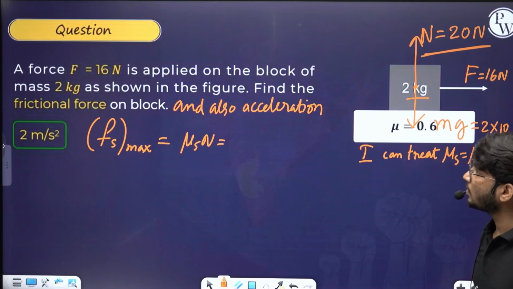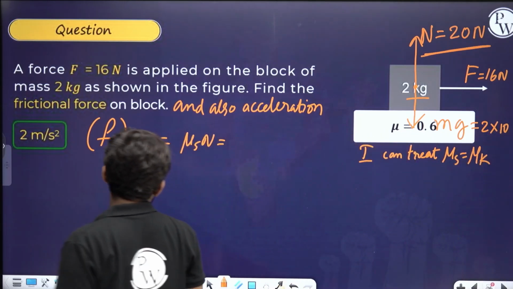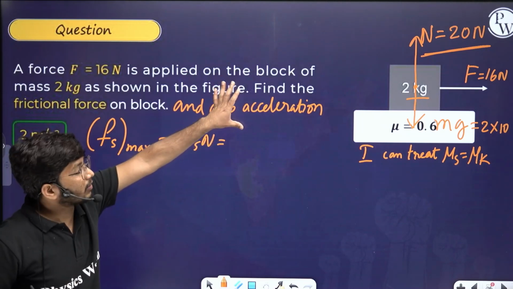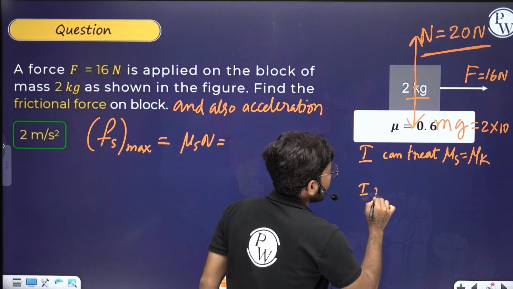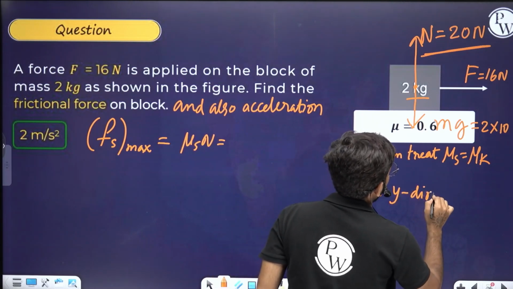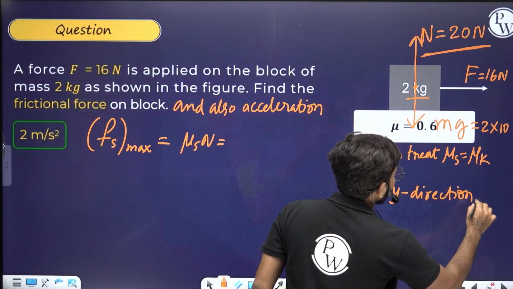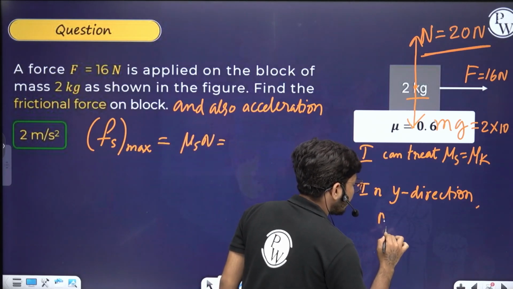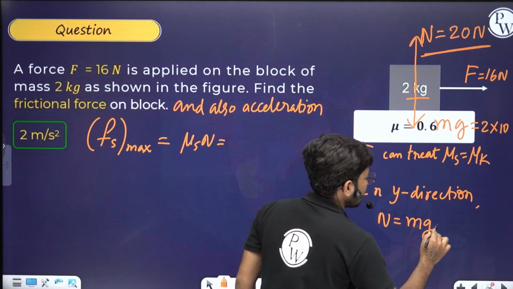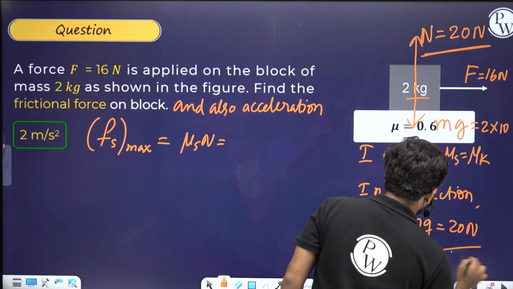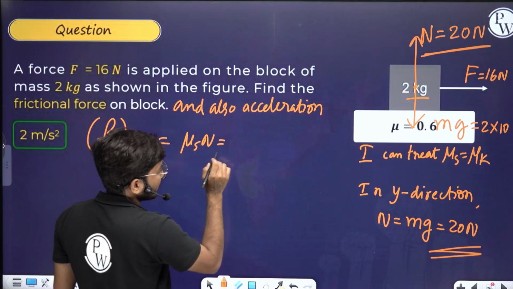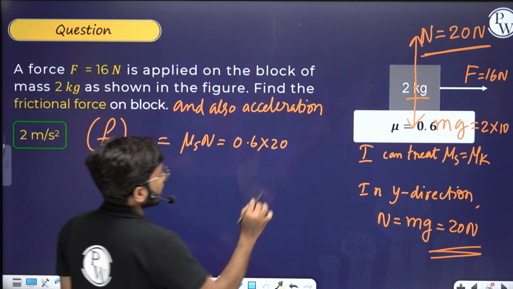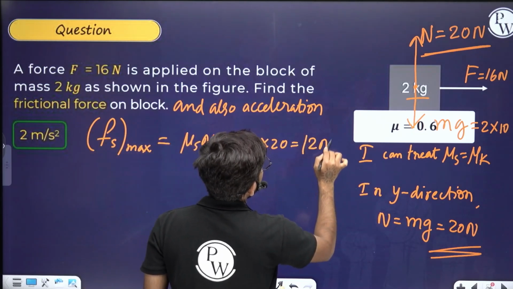Because in the y direction the block is in equilibrium, so in y direction n is equal to mg. This mg is 20 Newton. So I apply this 20 Newton here. mu s is 0.6 into 20. So 0.6 into 20 is going to be 12 Newton.